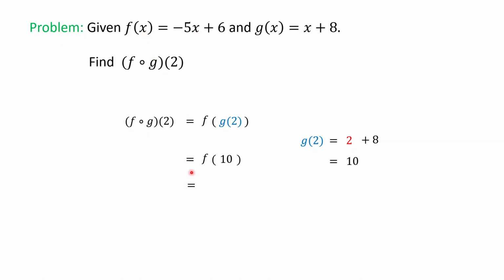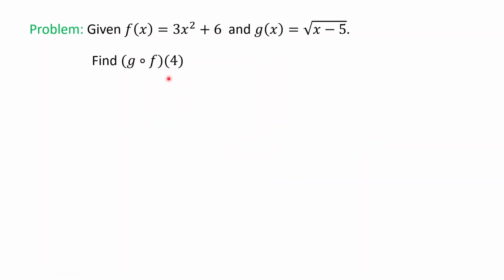So this is equal to negative 5 times x, that is 10, plus 6. That is equal to negative 5 times 10, negative 50 plus 6. So this is negative 44. This is the answer.